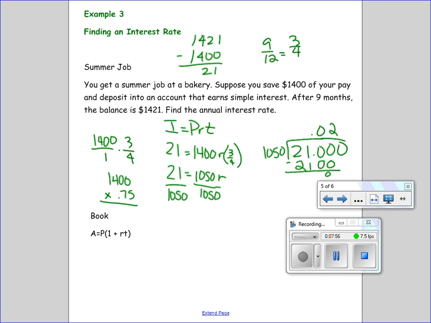So we now know that it was at 200th, but it's wanting to know the actual percentage of that. So that would be 2%. So if you put $1,400 in the account, after 9 months, it earns $21. What interest rate did they pay you to keep the money in there for those 9 months? And it was 2%.